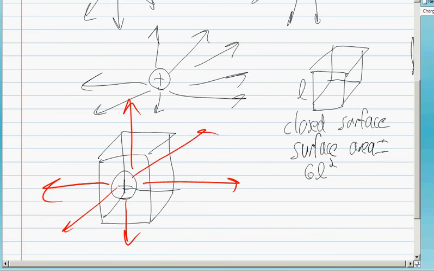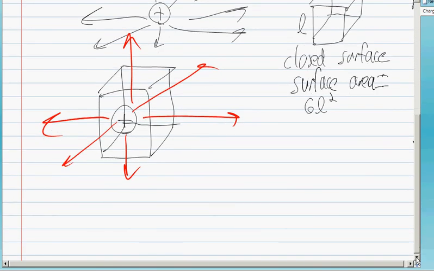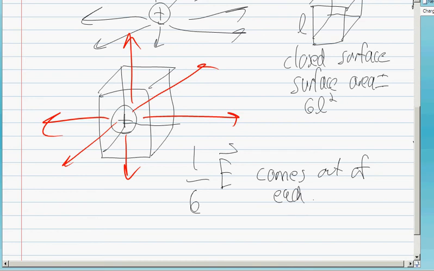They would come out in every single direction. And that seems pretty reasonable. Which means that 1/6 of the entire electric field is going to come out of each side. Which makes sense.